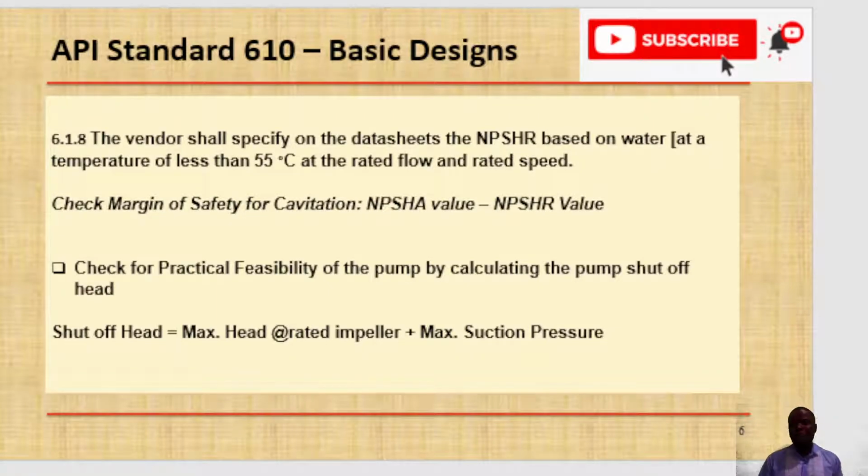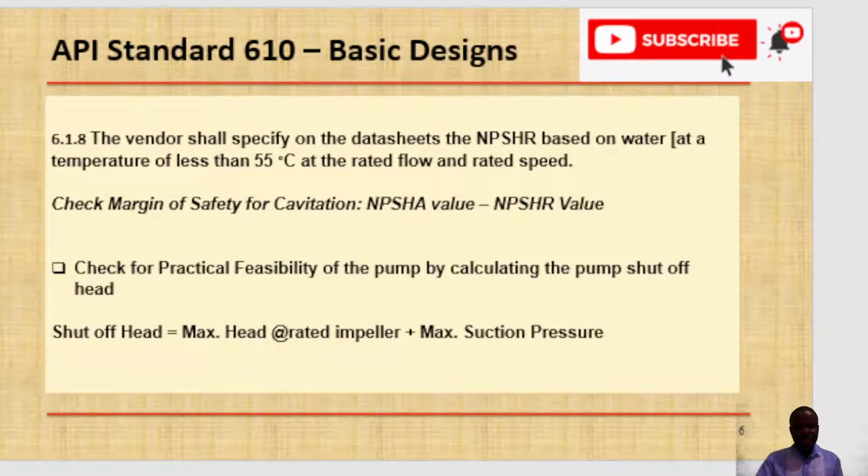It's your pump characteristic. We have looked at this in our previous session. So it is compulsory that on the pump mechanical data sheet, the vendor shall specify the NPSH based on water at a temperature of less than 55 degrees C at the rated flow and rated speed.